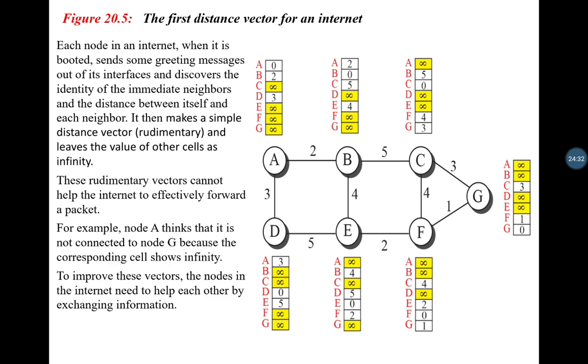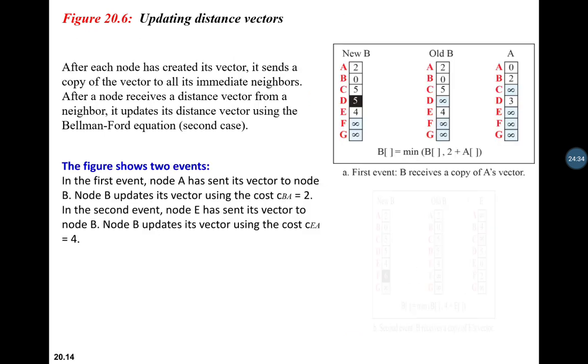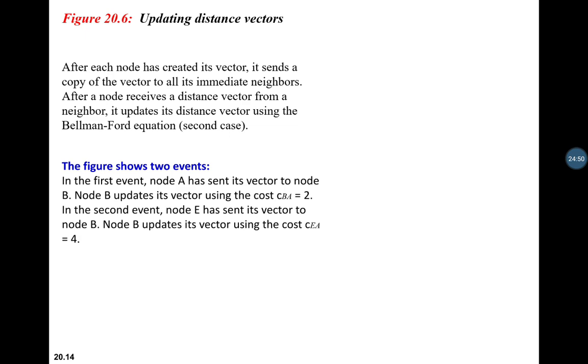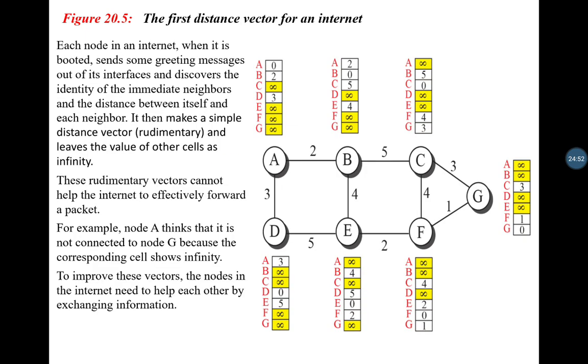In B's distance vector, the distance from B to F is infinity, as we cannot connect it directly. But using E, we know that the distance between E and F is 2.